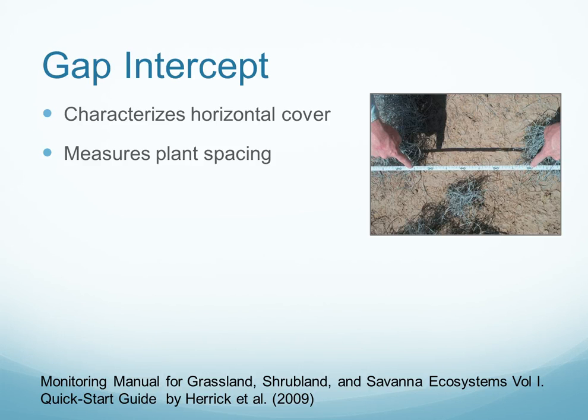Gap intercept also characterizes horizontal cover, but in this case we're able to get information about plant spacing or the arrangement of plants. With gap intercept we can report on either canopy gaps or basal gaps.